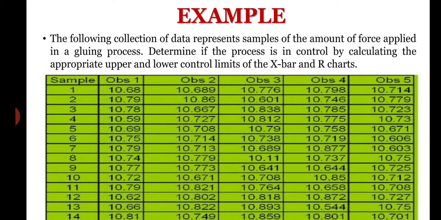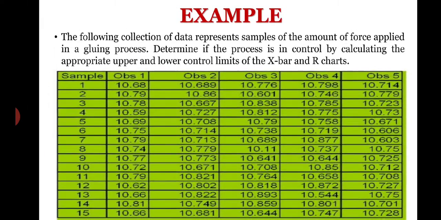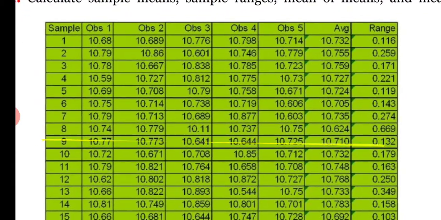It's easy to draw two more columns on the right side. The first will be X bar, the average for each sample, and the second column will be the range. Range is calculated as the maximum value minus the minimum value in that particular sample.